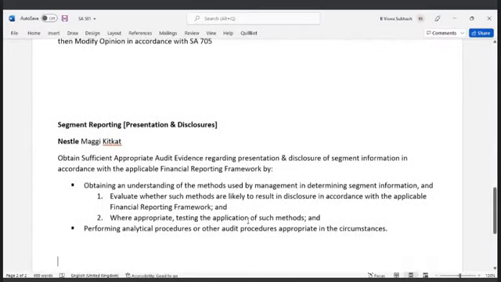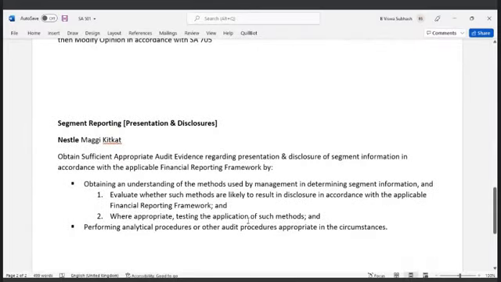And the last part, we have segment reporting. Presentation and disclosures is what is important over here. Whether an entity or an operating segment needs to be reported or not will be coming from the accounting standards. The guidance is all coming from accounting standards with respect to this.